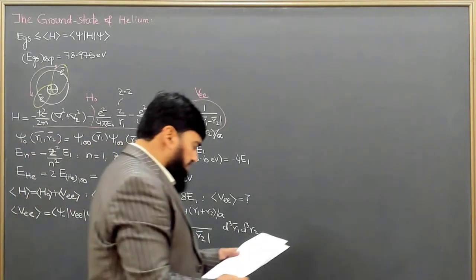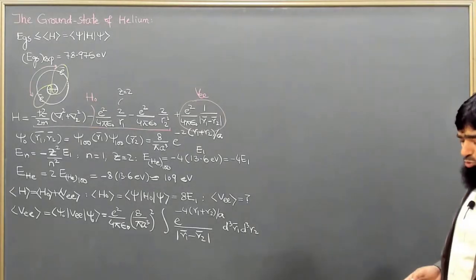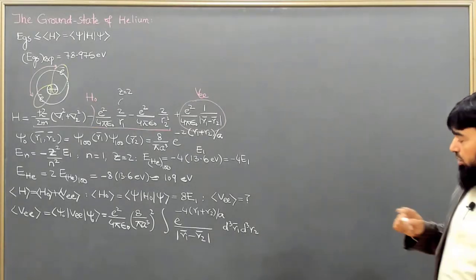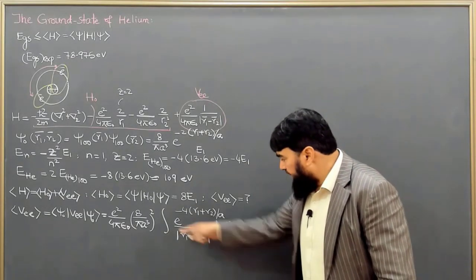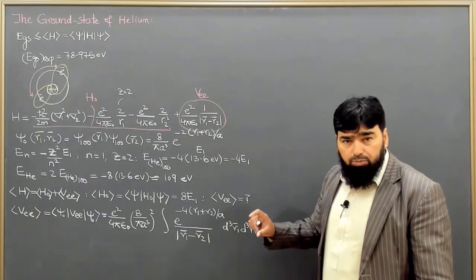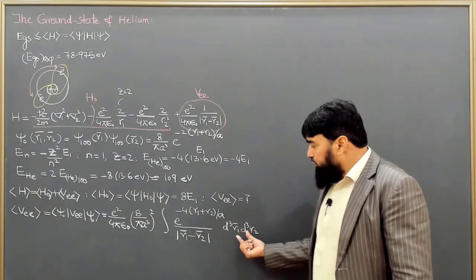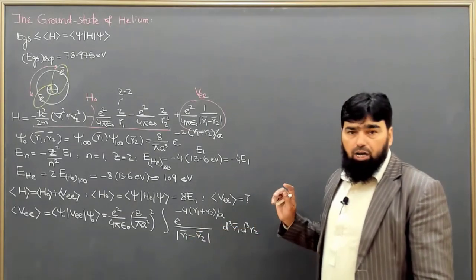Now what we do is try to focus on r2. We solve the whole integral first for r2, then whatever solution comes in, we put that solution back into this, and then we solve it for r1.